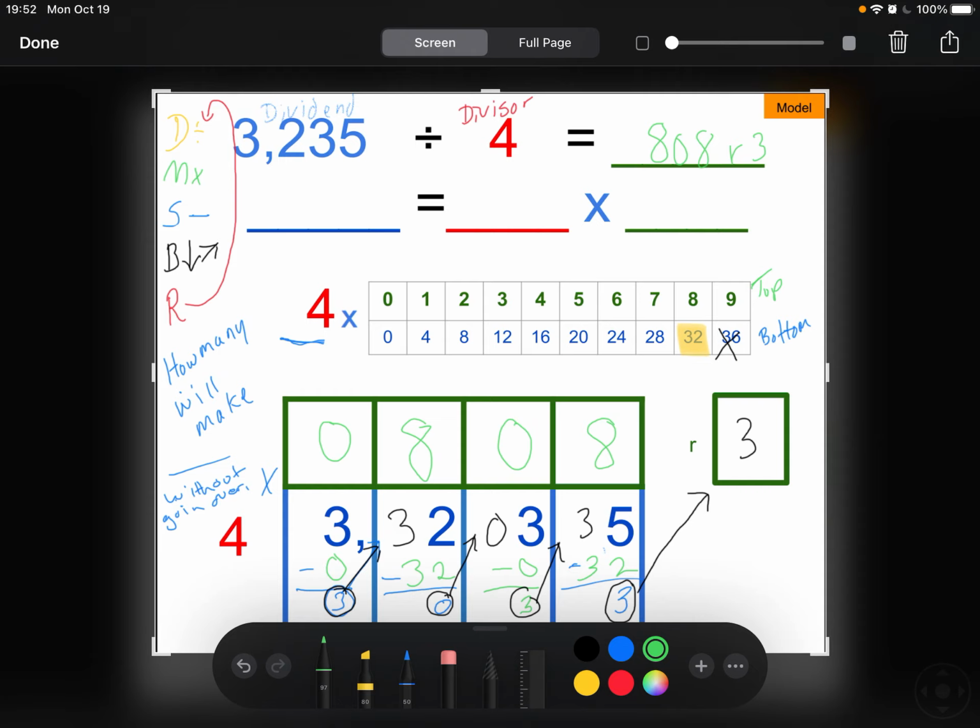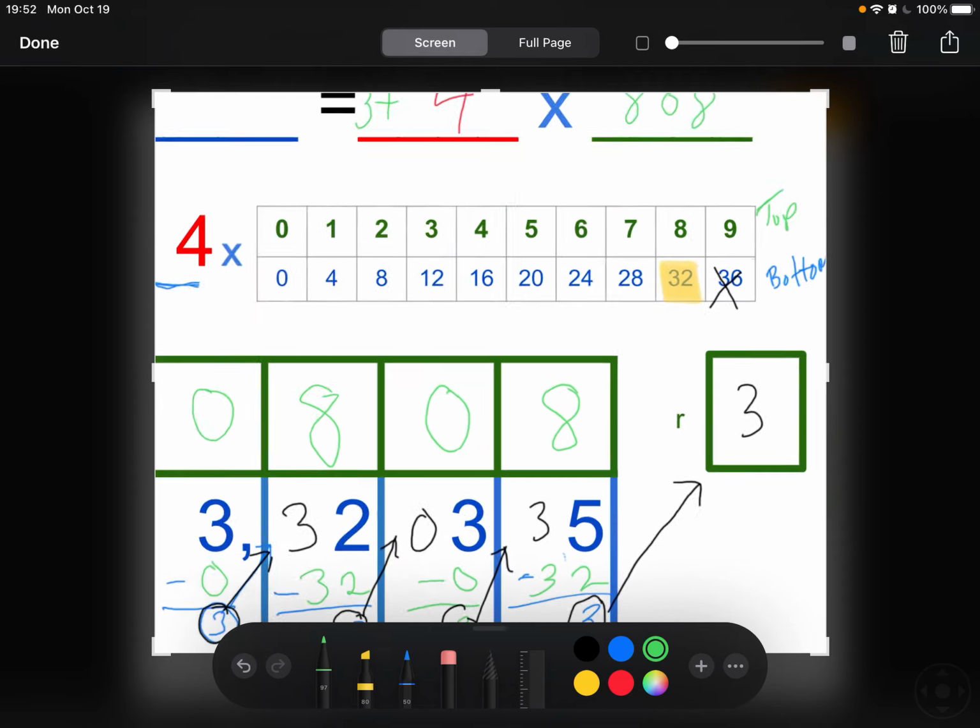To check my work, I would have to do the inverse operation. The inverse operation of division is multiplication. So I'm going to take 808, multiply it times 4, then add my 3, and that's going to equal what I started out with, which is 3,235.